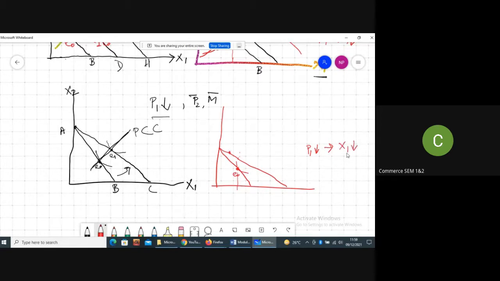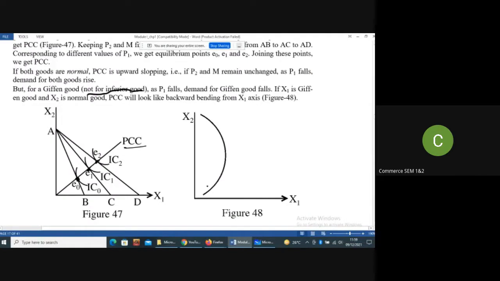So the new equilibrium point will be to the left of this vertical straight line, somewhere here. If you join these 2 points, E2 and E1, your PCC will be a backward bending curve like this from the X1 axis. Clear? It will look something like this.